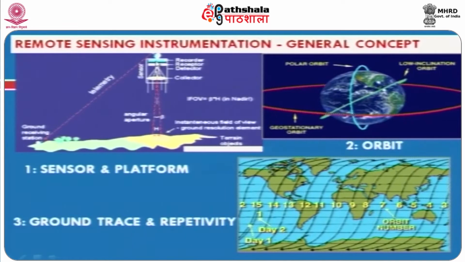It passes through the lens and is recorded, and that energy is converted into a digital number and sent to the surface, where it passes through the receiving stations.